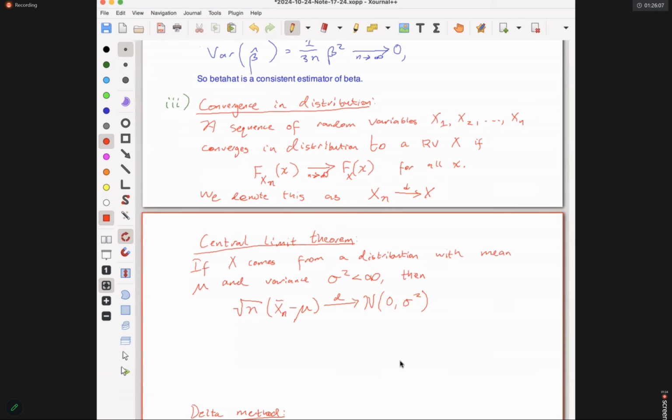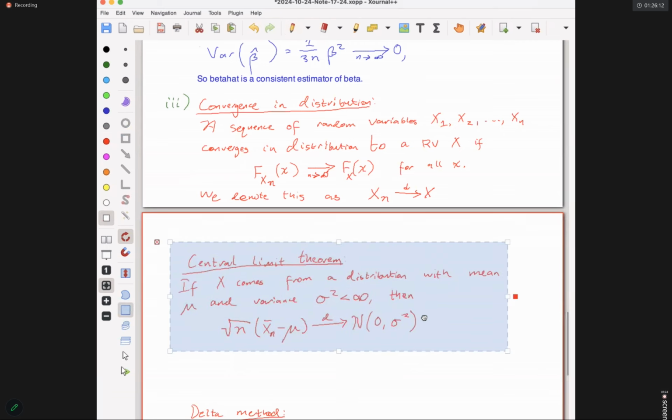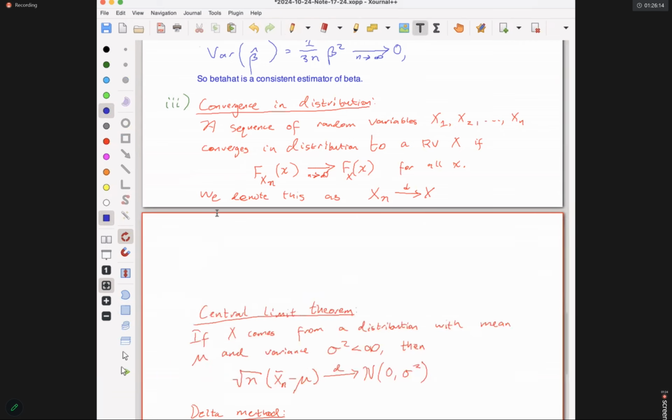Okay. And I will state here two important properties. One is that convergence in distribution implies convergence in probability. Wait, sorry, that's not correct.